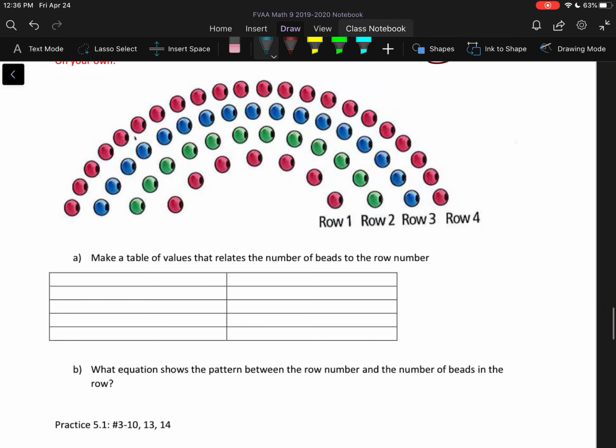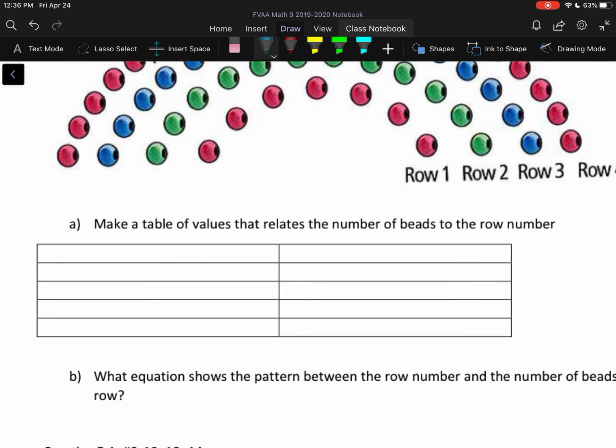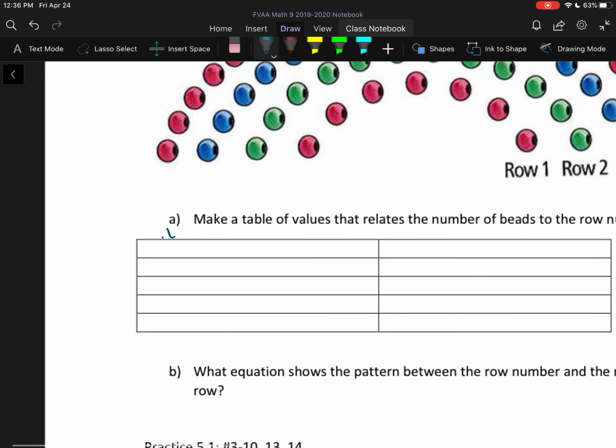All right, hopefully you were able to work your way through that. Let's take a look at this last problem together. First, again, we want to make a table. On the left side, I always want to put my x variables, which are my independent variables. You don't have to write this out; you could have just put row number. That's the independent variable.